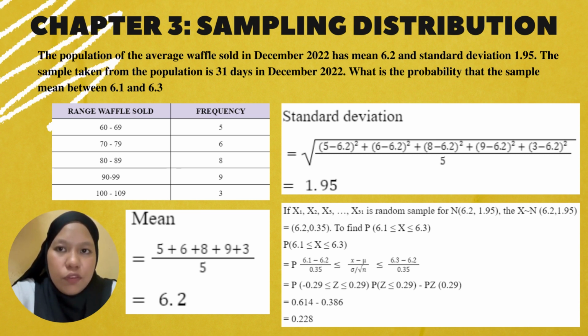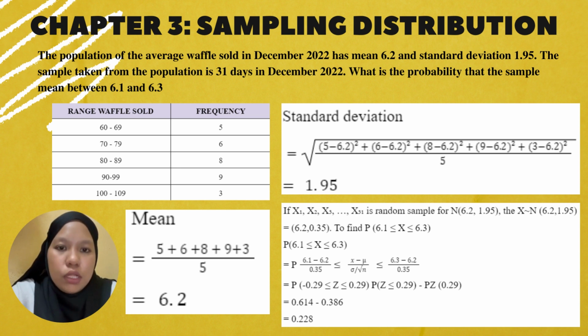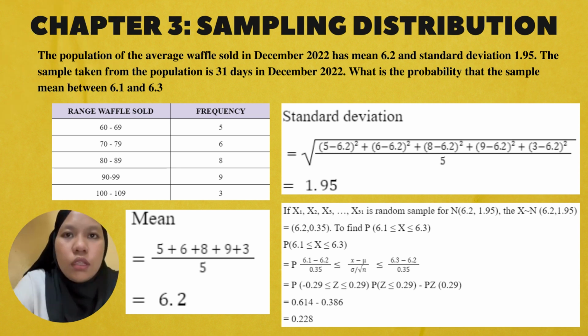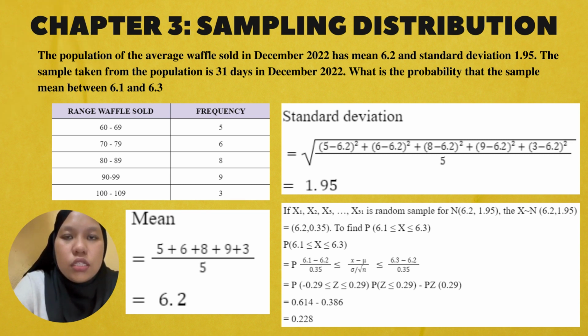With the value of x, subtract the value of the sample mean, and then divide by the standard deviation over the square root of the total sample, which is 31 days in December 2022. Then we use a calculator to find the value of P for negative 0.29 and got 0.614. For 0.29, we got 0.386.